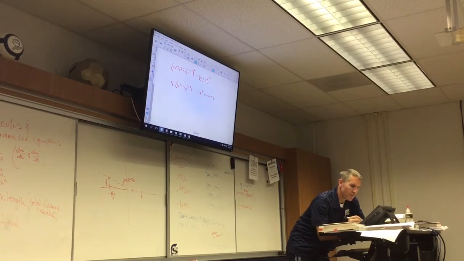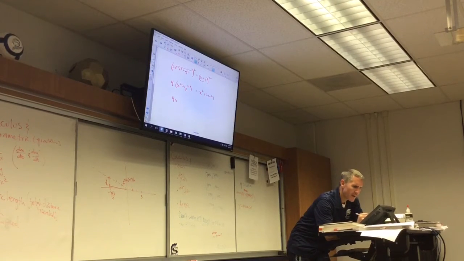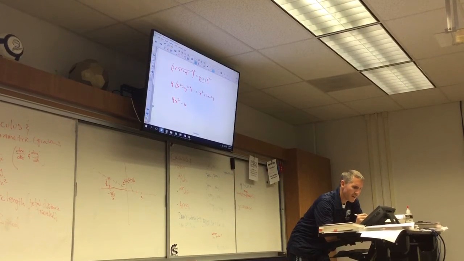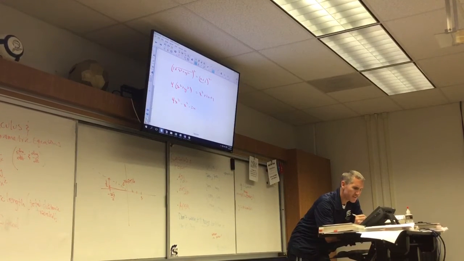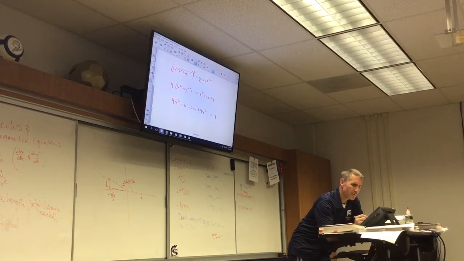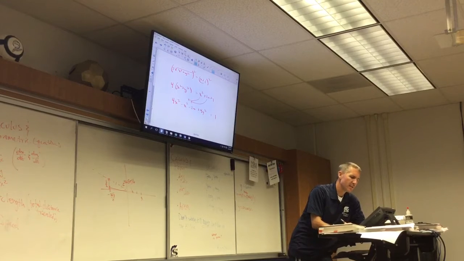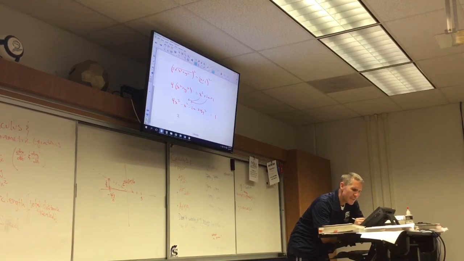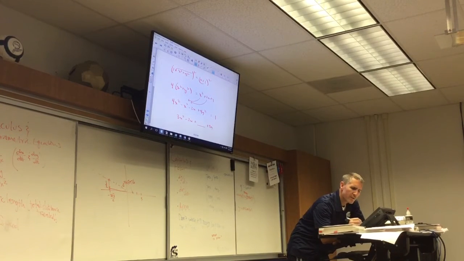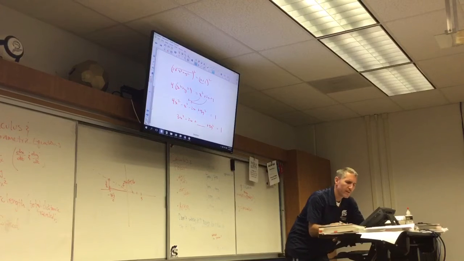And so you could say 4x squared minus x squared minus 2x plus 4y squared equals 1. Do you see what I'm doing by bringing these terms over there? Just the x's. And so I'm left with 3x squared minus 2x plus something plus 4y squared equals 1.